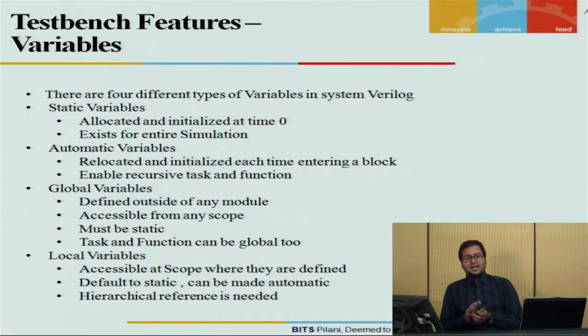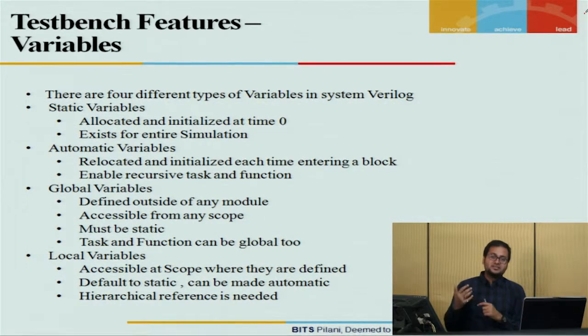Then I'll come back to automatic variables at the end, before I tell you about global variables and local variables, because automatic variable is a different concept in System Verilog altogether. Global variables are any variables defined outside the module, and are accessible from any scope. They should be static, and tasks and functions can also be global.